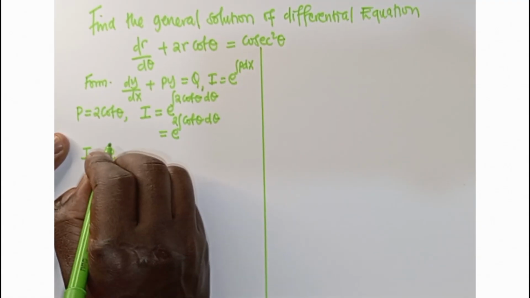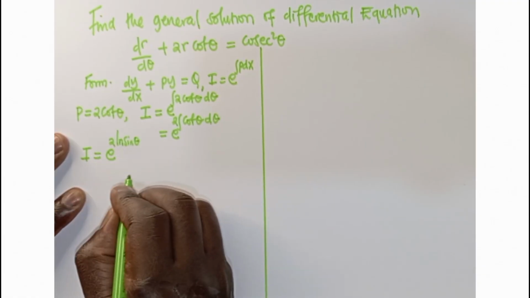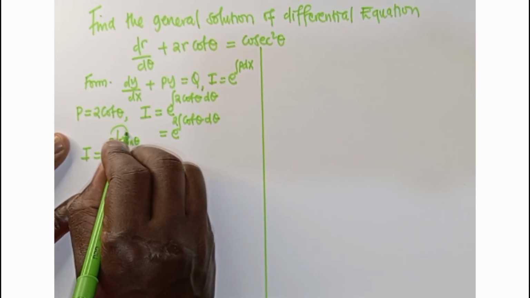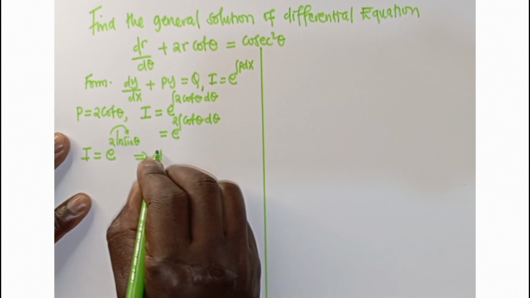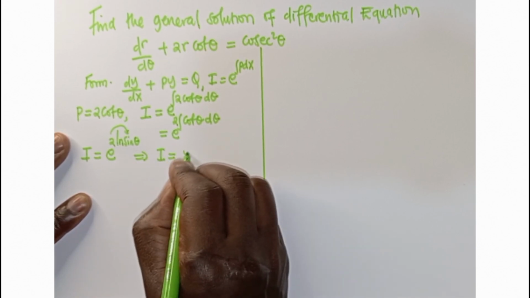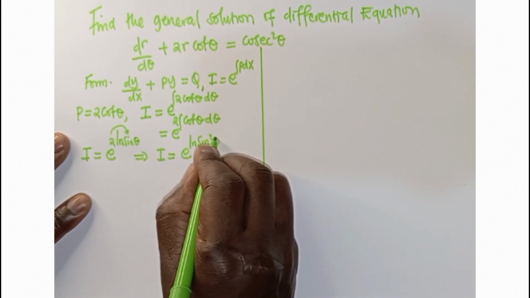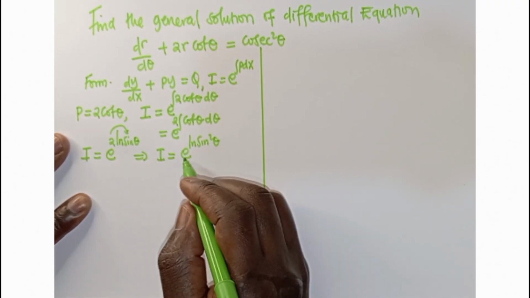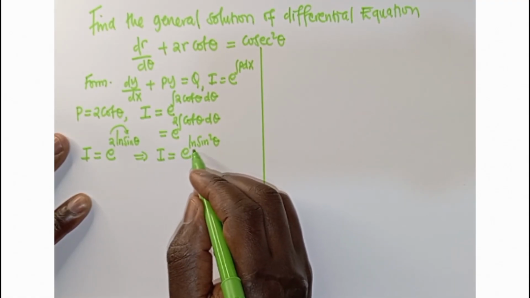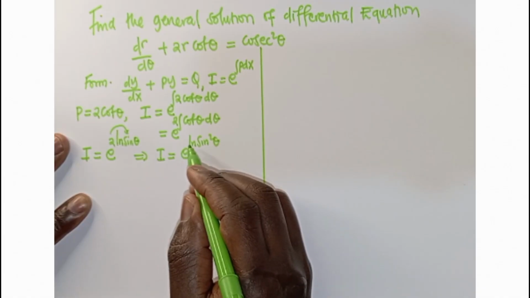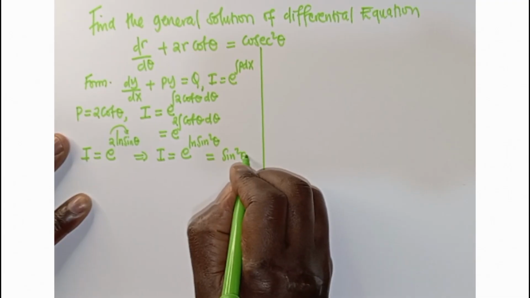So this will be e to the 2 ln sin θ. Taking the 2 up here, obeying the laws of logarithm, we have the integrating factor as e to the power ln of sin squared θ. According to the law of logarithm, exponential of ln cancels, which eventually gives us sin squared θ.